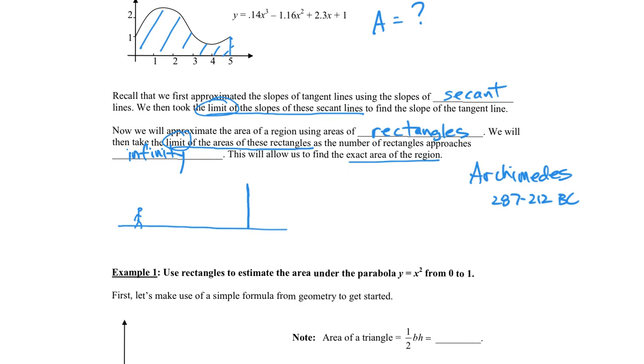Zeno would argue that he'll never get to the wall because before he gets to the wall, he's going to go halfway there. So he'll be right here. And then before he gets to the wall, he's going to go halfway there. So then he'll be right here. And then he'll go halfway, and he'll continue going halfway, so he'll never actually get there.